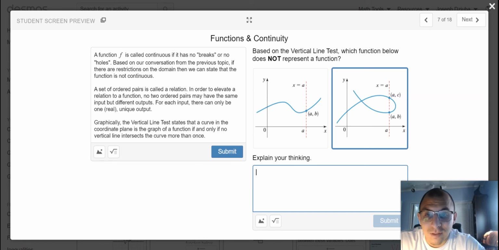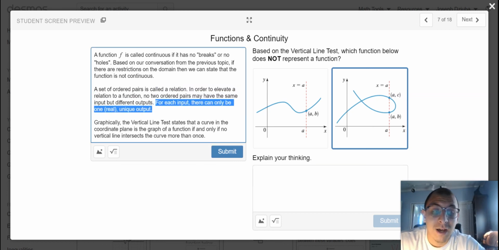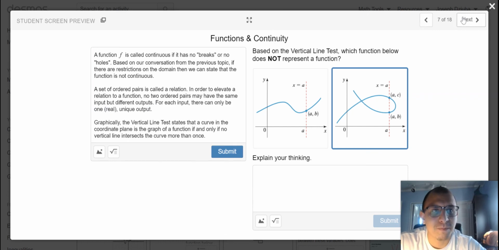Okay, as we said here, for each input, you cannot have multiple outputs. You can only have one output if you want to be defined as a function, right? One significant other, not two, not three, not four, not 50, at least in our American society.